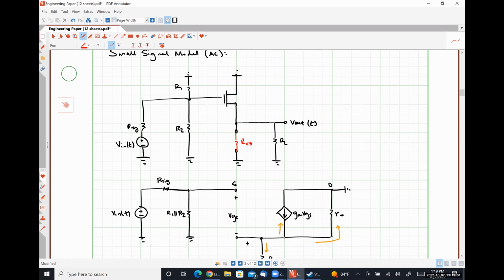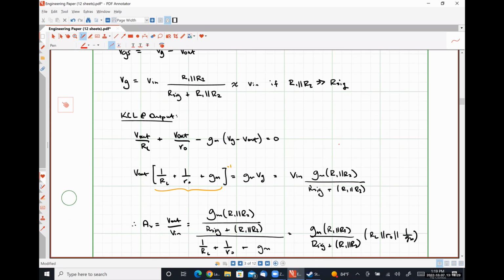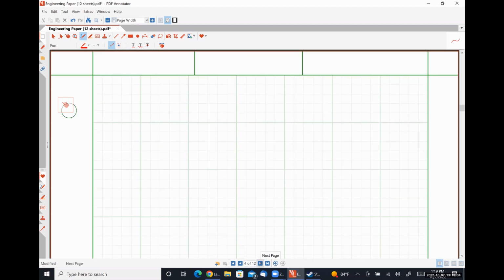So if our current source had some finite impedance, it would literally show up in parallel with RL, which means we don't actually have to do a whole lot of work to figure out how this thing is going to behave as an integrated circuit. We would just replace that current source with an NMOS transistor that has some characteristic resistance, R naught, sub whatever number we assign to that transistor, place it in parallel with RL, and all of our work is effectively done. All right.